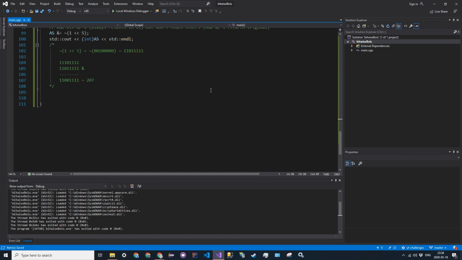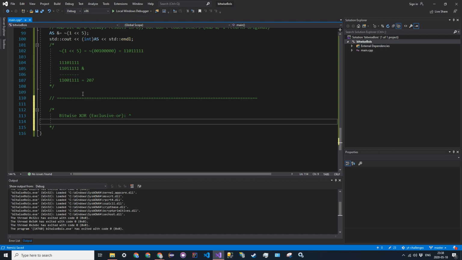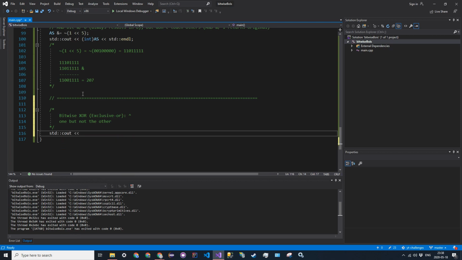All right, last operator: the bitwise exclusive OR, or XOR. This is symbolized with the caret, and it will return true if one is active but not the other. So only one of them can be. Let's do this. std::cout the integer of n1 bitwise XOR with n2.